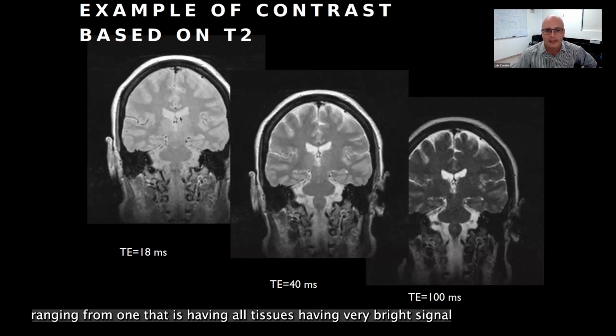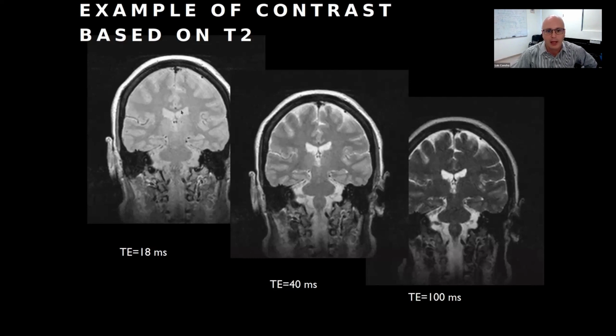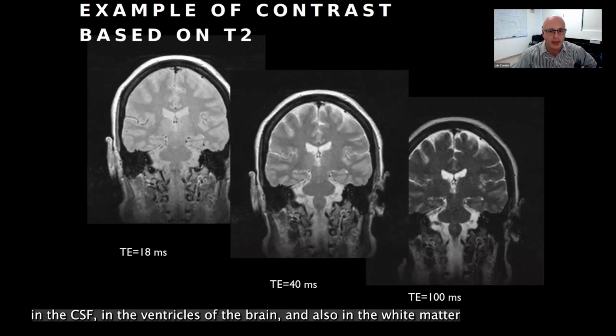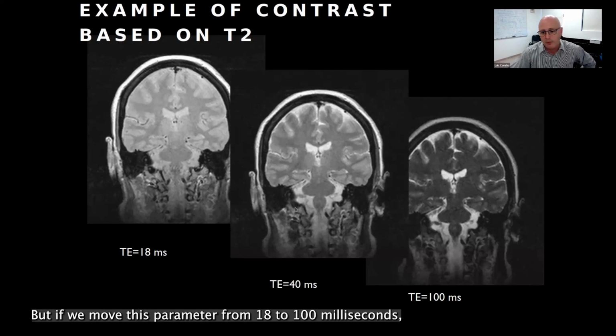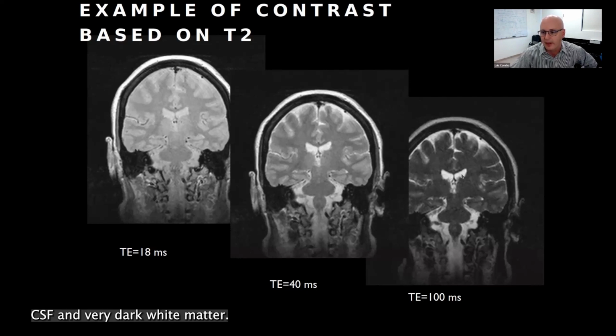from one that has all tissues with very bright signal, in the CSF and the ventricles of the brain, and also in the white matter that is something slightly darker. But if we move this parameter from 18 to 100 milliseconds, we then get an image that has very bright CSF and very dark white matter.